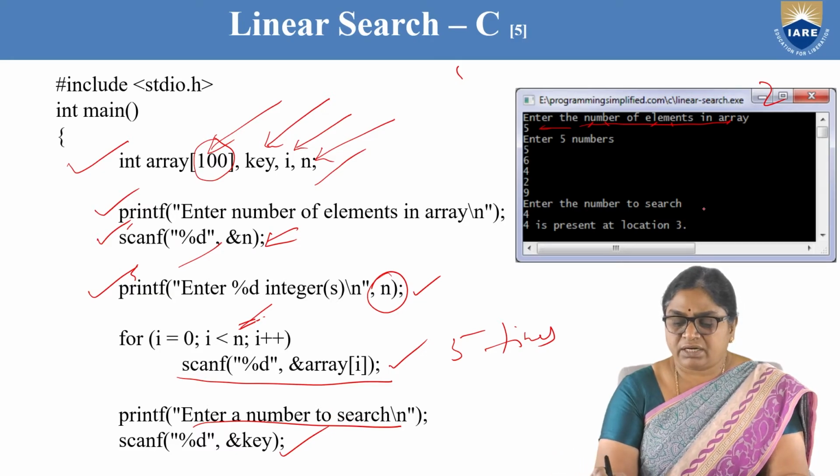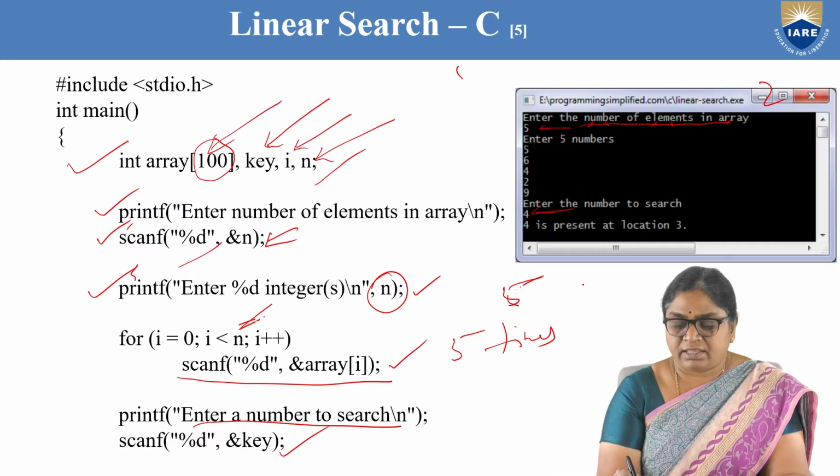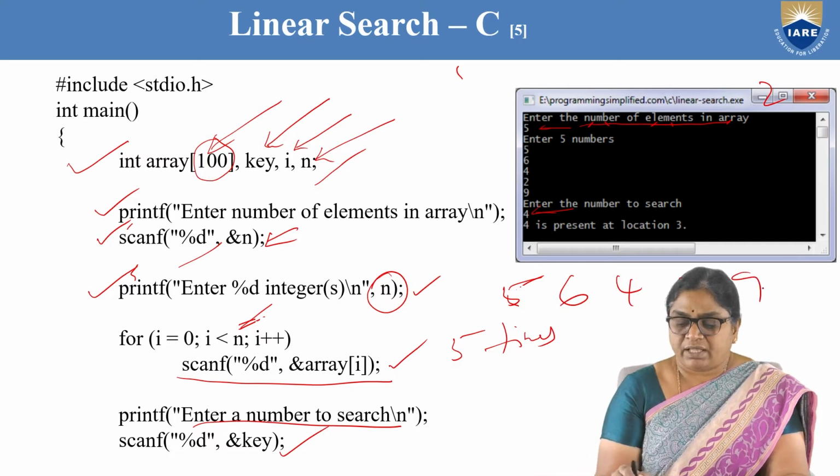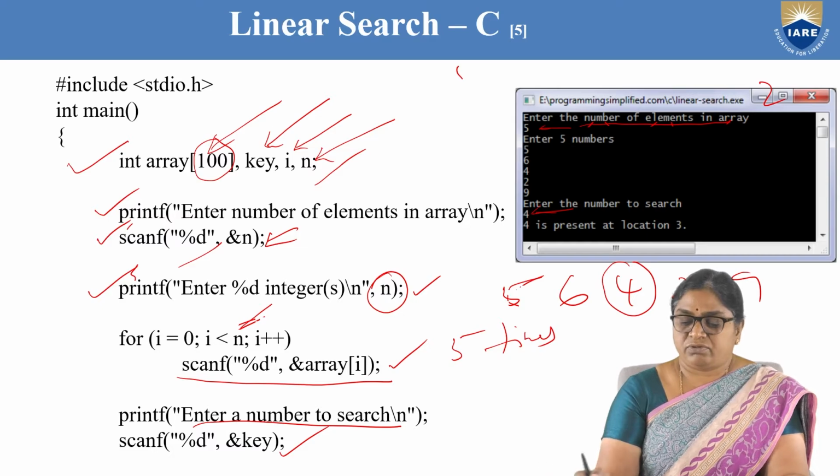So here the user entered the key element as 4. In the list, the first element is 5, and then 6, and then 4, 2, and 9. That is the list. So here 4 is present at the index 2 and location 3. So this output we have to give.